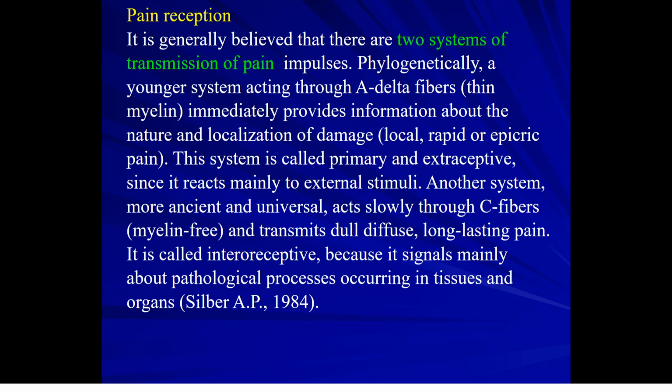Another system, more ancient and universal, acts slowly through C fibers, myelin-free, and transmits dull, diffuse, long-lasting pain. It is called interoceptive because it signals mainly about pathological processes occurring in tissues and organs.